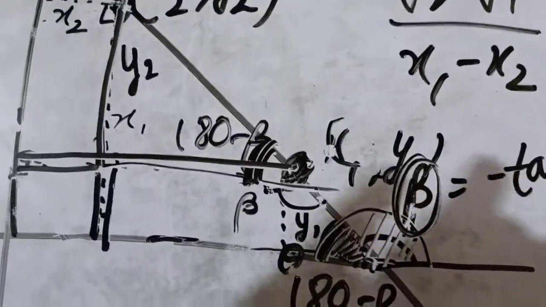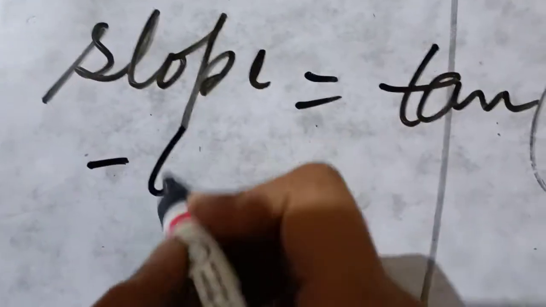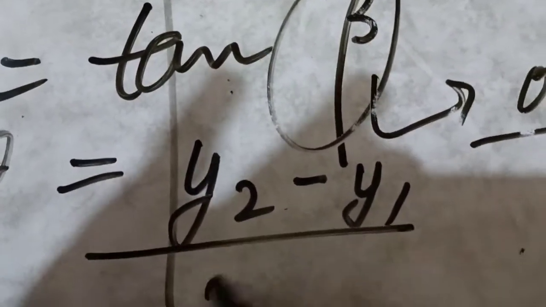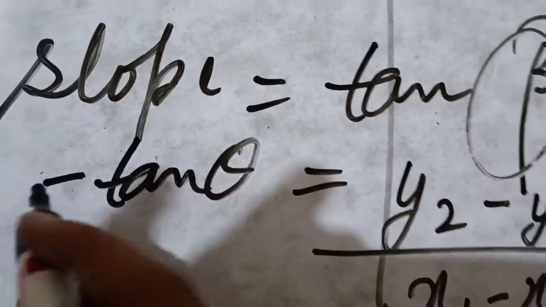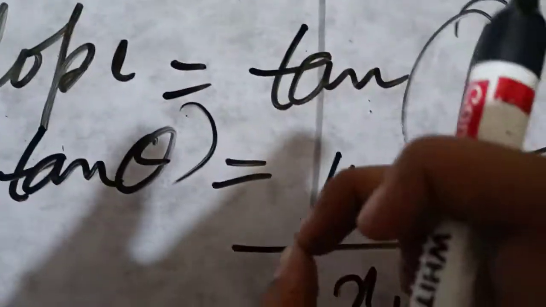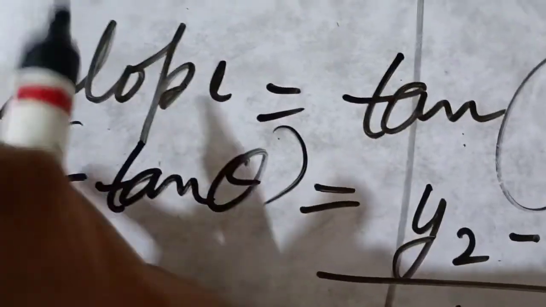Now what you need to state is that you know this slope is minus tan theta, equal to y2 minus y1 divided by x1 minus x2. This negative sign you can state like that, negative here also, negative here also, and then this negative will cancel out with this negative.